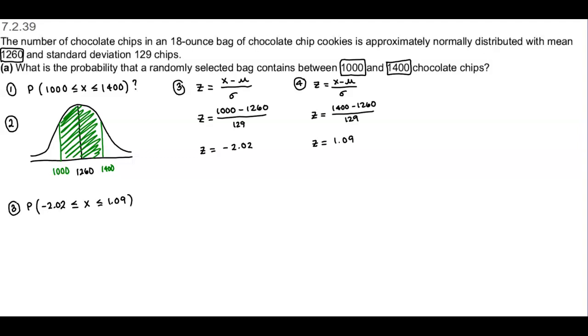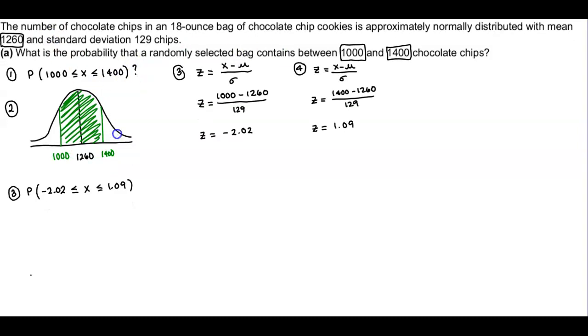So let's draw this particular graph so we know what that looks like. Now this graph becomes the following. We now have a mean of 0 because we converted into z-scores. Now it becomes the standard normal curve.